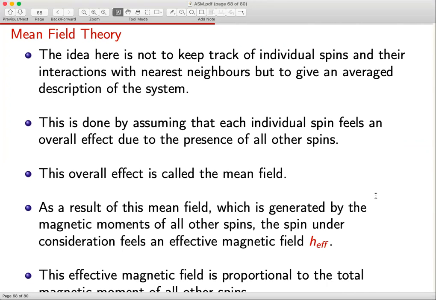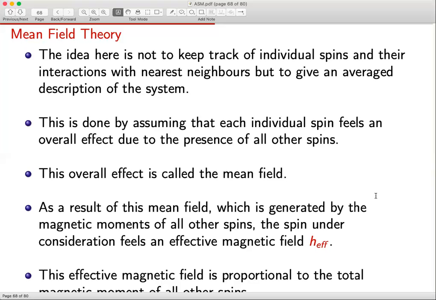So there is an overall effect generated by the surroundings on the particular spin that you are looking at. The spin you look at is picked at random, so whether it is at the ith site or the jth site doesn't matter. It would still see an overall effect generated by all the other spins.